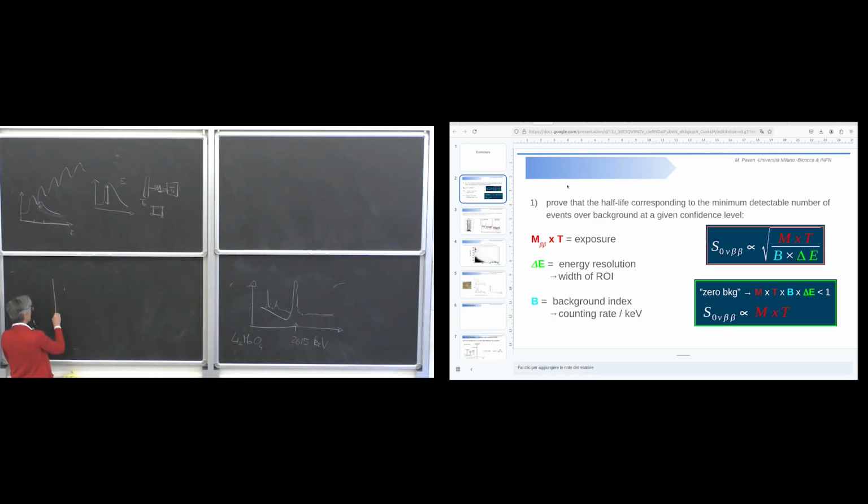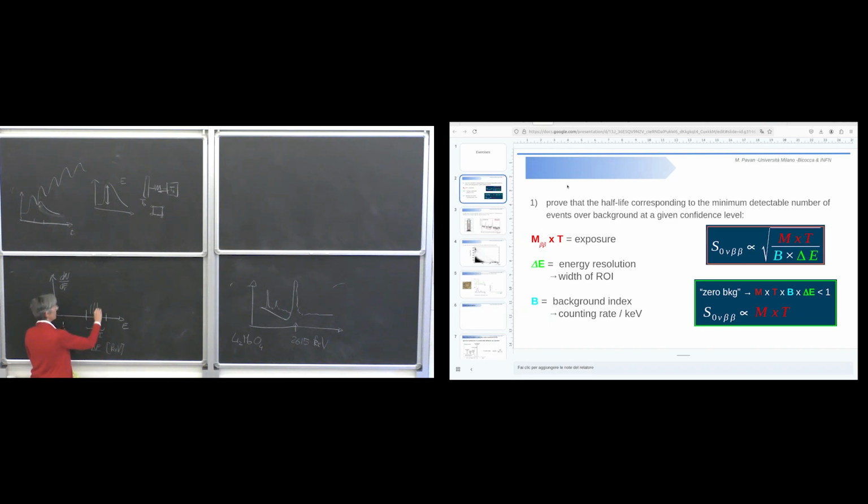You remember we have a spectrum. This is the energy, and we have counts. This is a differential spectrum. And this is the region of interest, and the width of this region is delta E. We measure it in keV.